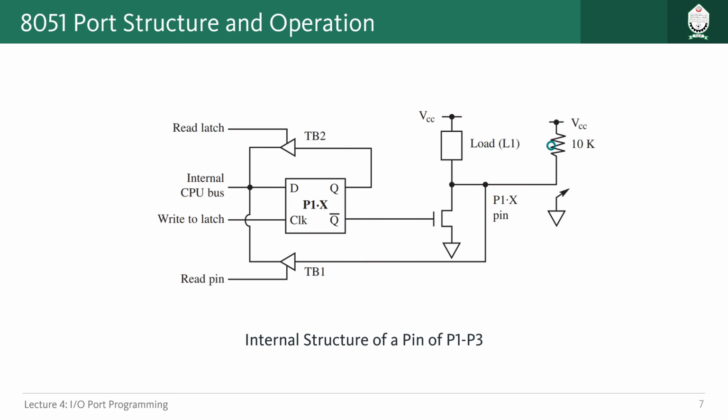Okay, another possibility is that we can also use this kind of push button through the help of ground. In that case, whenever the push button is not pushed, at that moment no signal is coming from here, but we are getting signal from this internal pull-up. So VCC is coming. Whenever we are not pressing this push button, we are assuming that we are sending 5 volt or logic high.